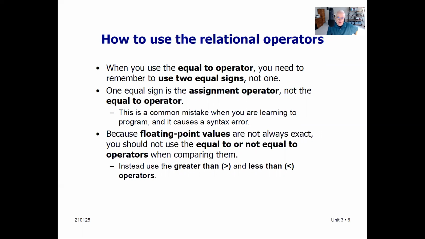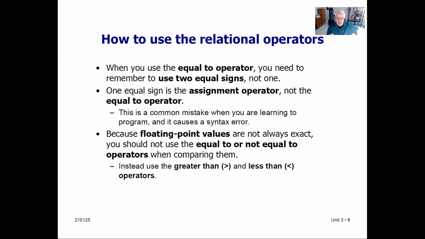When you use the equal to operator, it's not the same thing as the assignment operator. They look similar. We talked last week about the assignment operator: a variable, an equals sign, and then something. A single equal sign is an assignment operator.